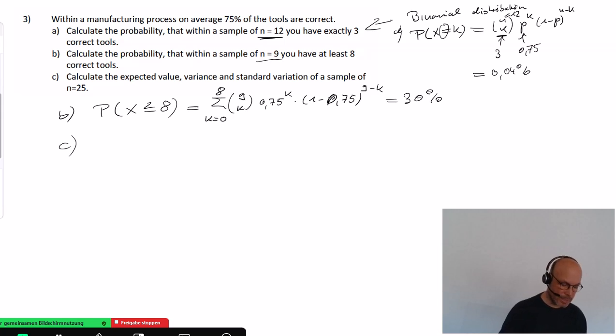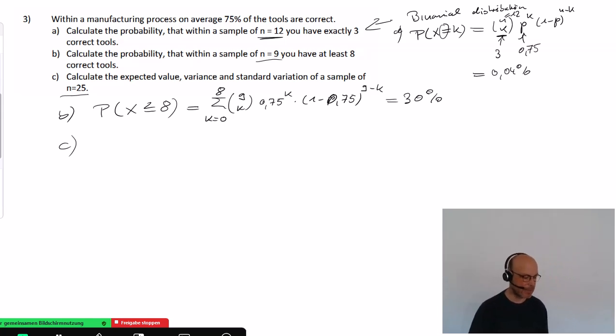So what is expected value, variance, and standard deviation of our sample when we have now n equals 25? And this is a little bit easier. This actually we can directly calculate by hand.